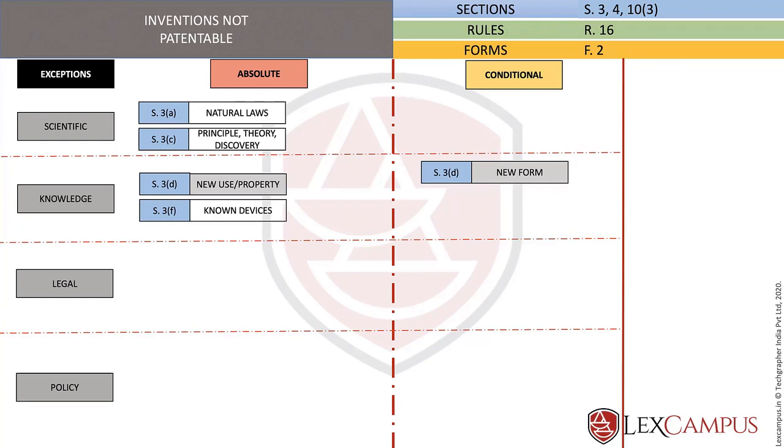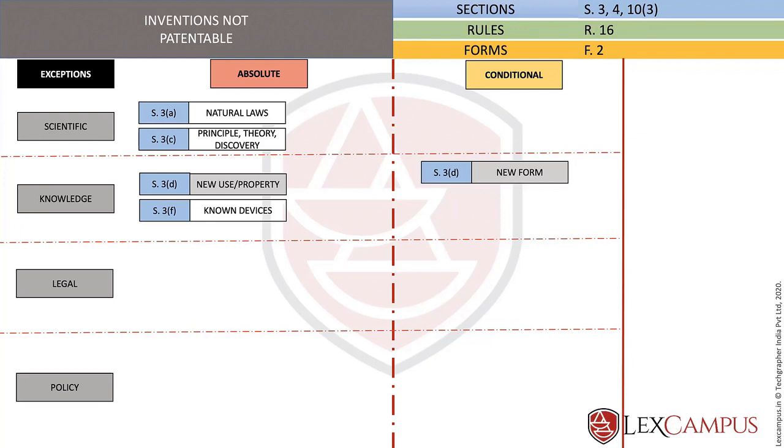So if you demonstrate efficacy, in the case of drugs, it's therapeutic efficacy. In the case of pesticides, it could be the efficacy in killing pests, and so on. Because this part not only covers drugs, it covers chemicals and agrochemicals as well. So keep that in mind. Section 3D is not just drugs. It could cover agrochemicals, pesticides as well.